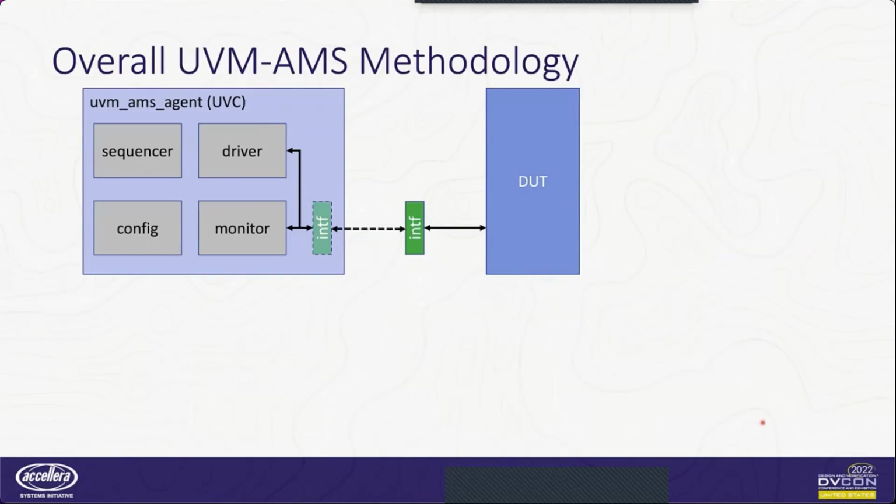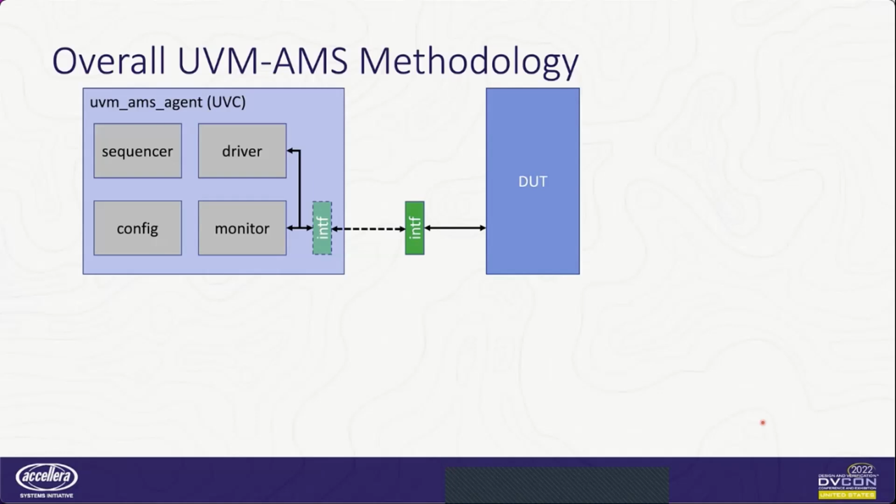With the standard UVC, the driver will set the value of a signal in the interface, and then that will trigger an event to occur on the DUT. But on a continuously changing signal, you're not specifying the value of the signal, you're specifying the characteristics of that signal. So they aren't really signals that you're controlling through the interface, they're attributes.